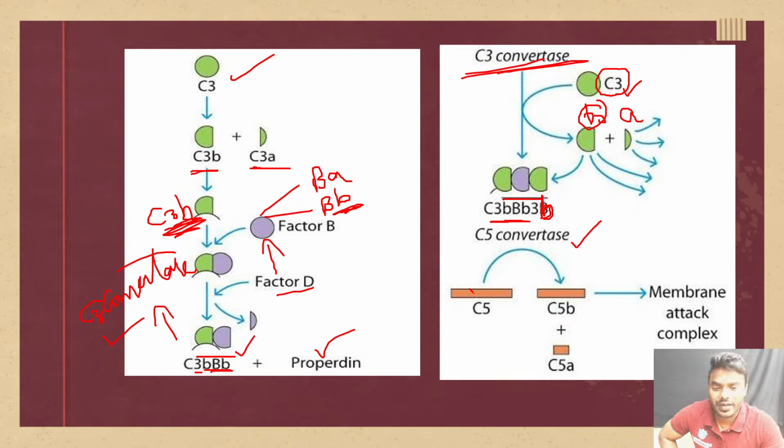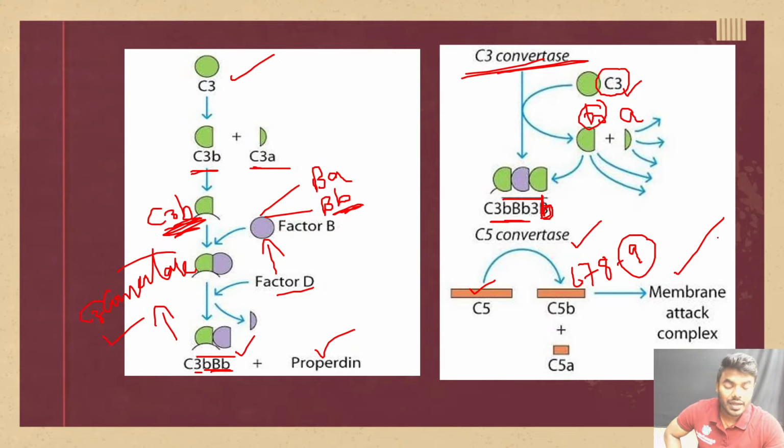Now we all know that C5 convertase breaks down the C5 into C5A and C5B, followed by 6, 7, 8, followed by the poly 9. Ultimately they form the membrane attack complex. Then perforin and granzymes enter inside, activate the caspases and destroy that targeted cell.